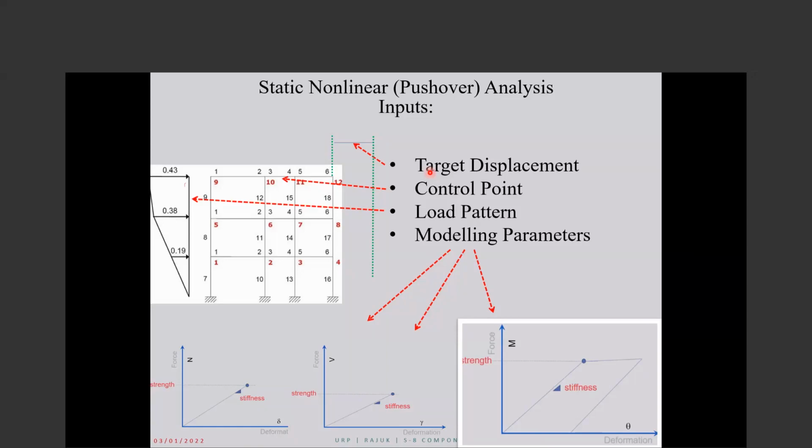If a code asks to check the drifts, we check the drifts. For performance-based codes, for the evaluation of existing buildings, we usually check the plastic deformation of the elements, the deformation control actions.